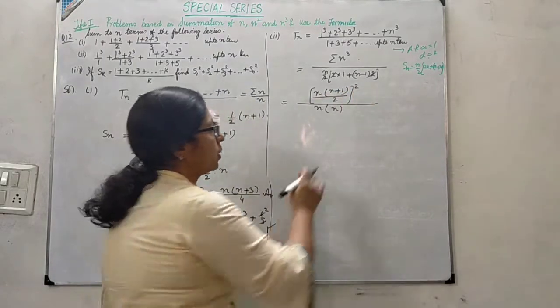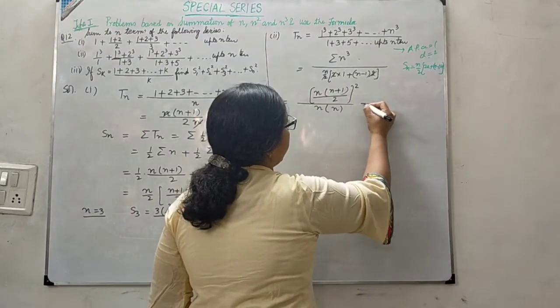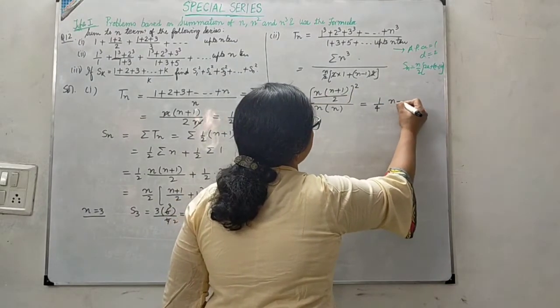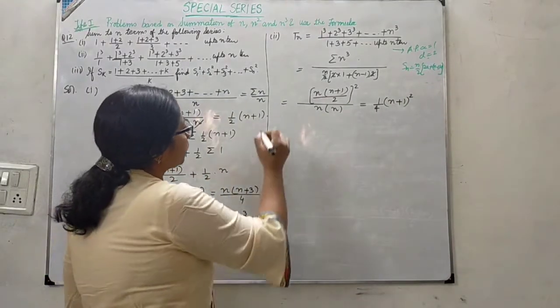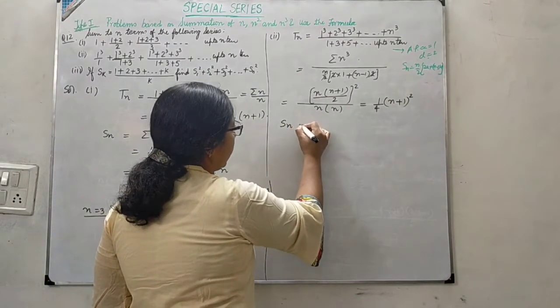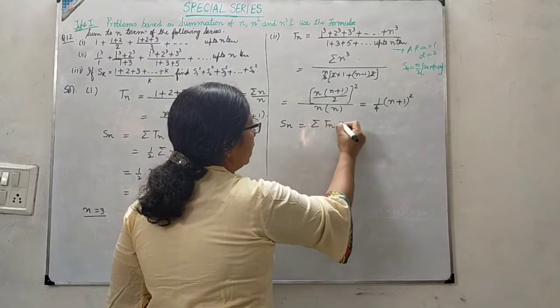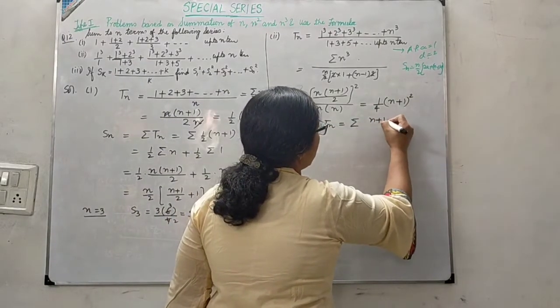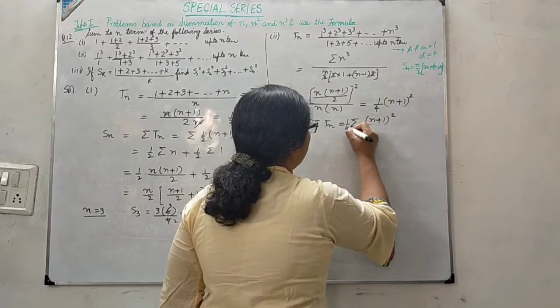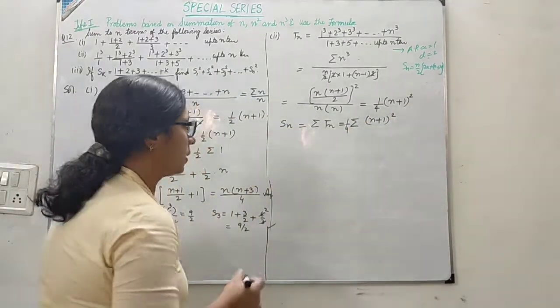So if I further simplify, this n square getting cancelled, we are left with only this much. Now if I want to take Sn, this is sigma Tn, and this is your sigma over n plus 1 whole square upon 4. I can take it out of the sigma sign.